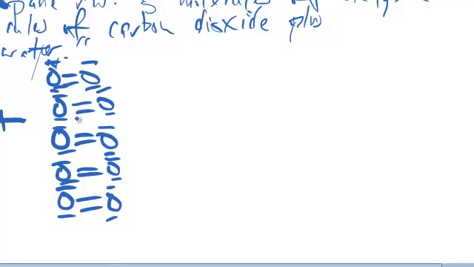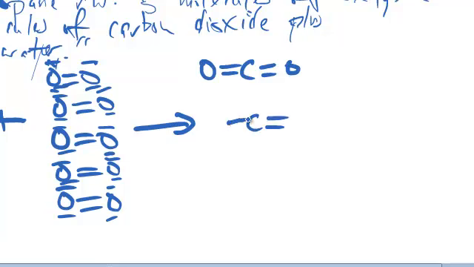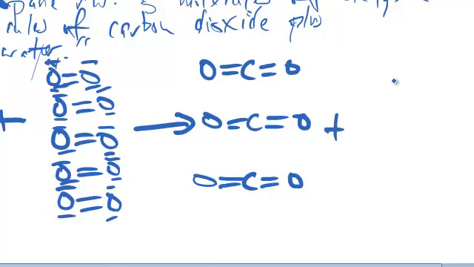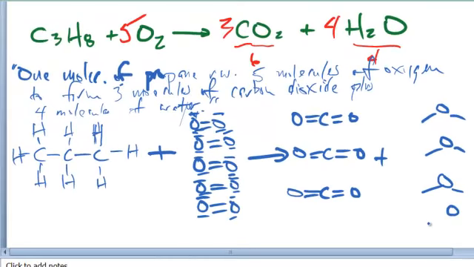So when 1 molecule of propane reacts with 5 molecules of oxygen, what are we going to get out of this? We're going to get 3 molecules of carbon dioxide, plus 4 molecules of water. I'm drawing this kind of quickly.